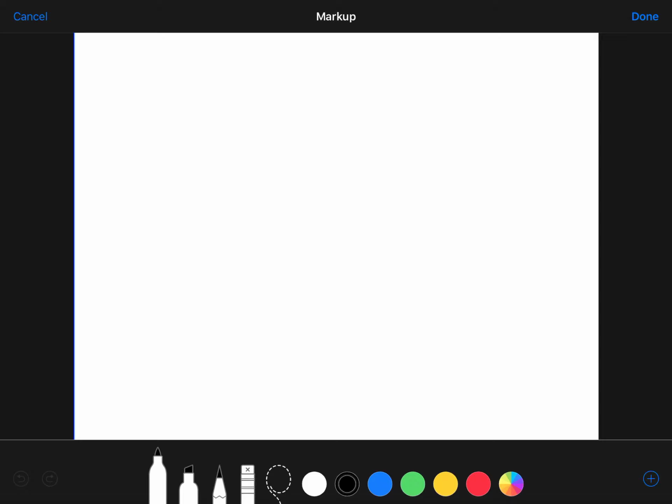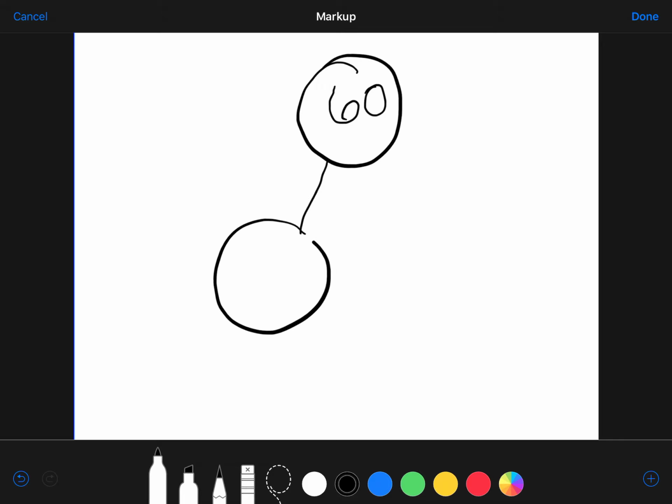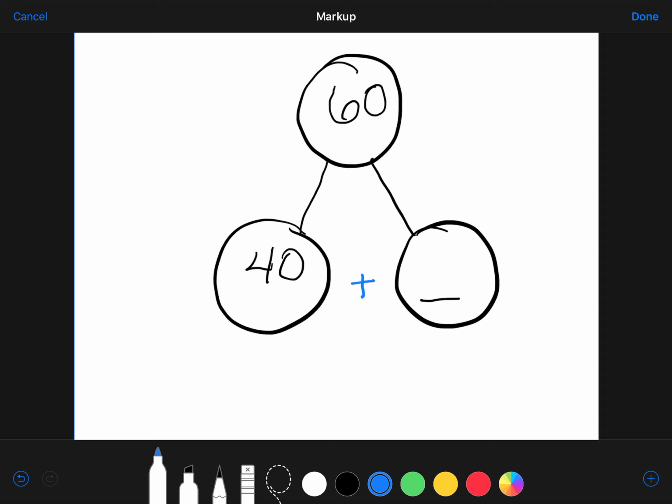We have seen it like this. 60, 40, and something. This is our fact family, fact families, remember? So we can always say that these two numbers added together will make a total of this amount.